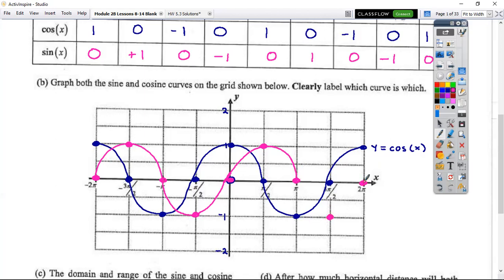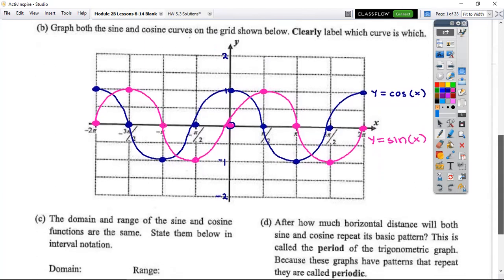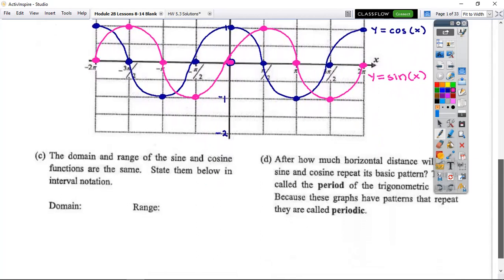And back up to 0. And this is the curve y equals sine of x. What do you guys think so far? Pretty manageable? Okay. Again, those are your two basics. We haven't done anything as far as stretching those out or changing the amplitude just yet.